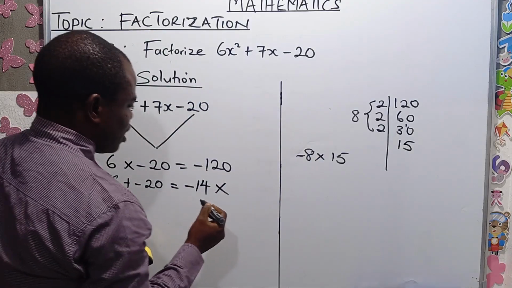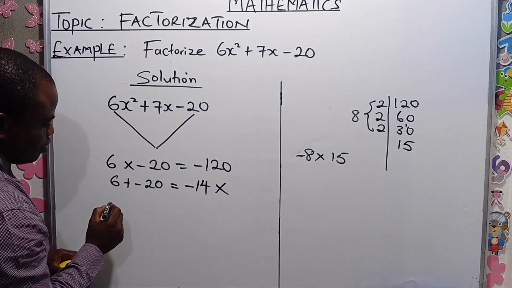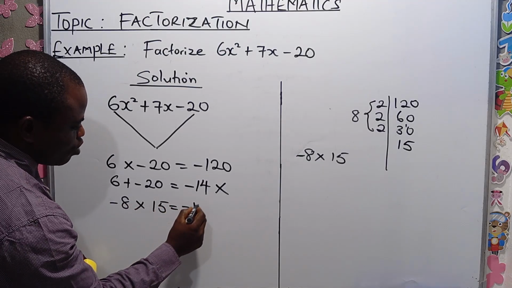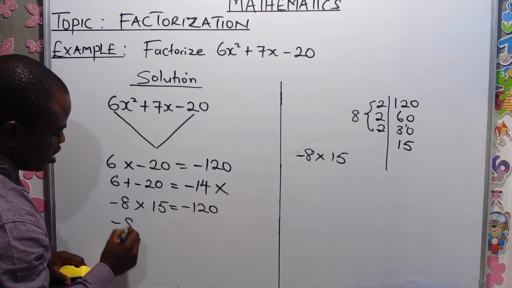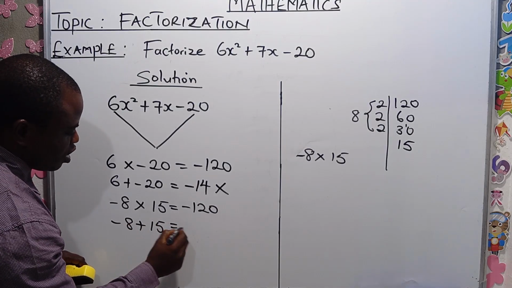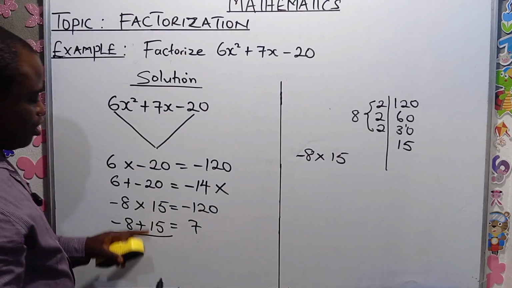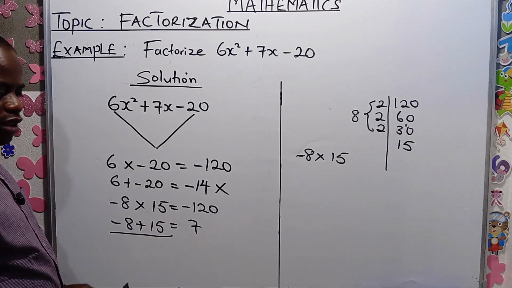Now let's try to add it. Minus 8 times 15 will give you minus 120. Let's add it. Minus 8 plus 15 will give you 7. That means that these two numbers will be used to replace plus 7.